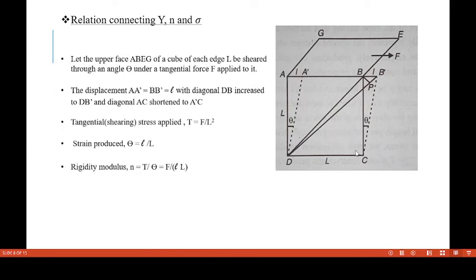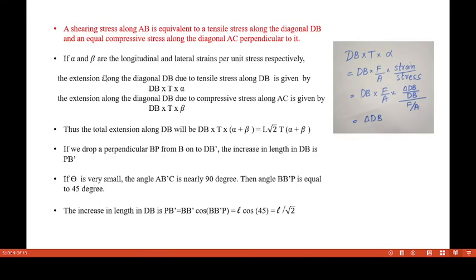We've already seen that when we compress along AC, there will be an elongation along dB. So the extension along diagonal dB due to tensile stress along dB is given by dB into T into alpha, where T is the shearing stress or the tangential stress, and alpha is the longitudinal strain per unit stress.